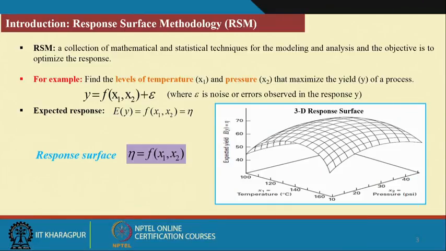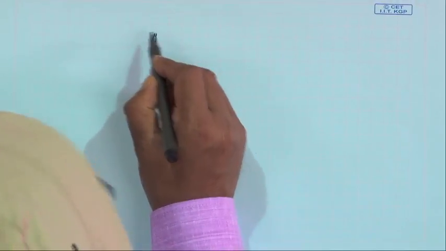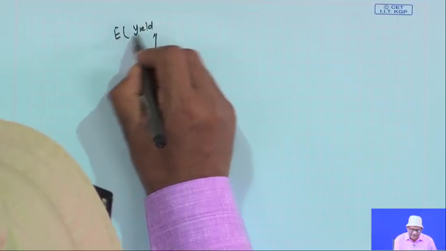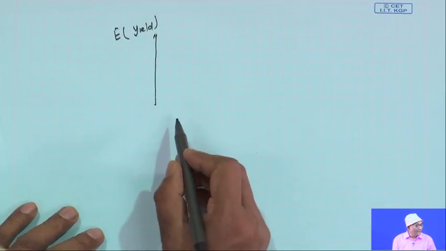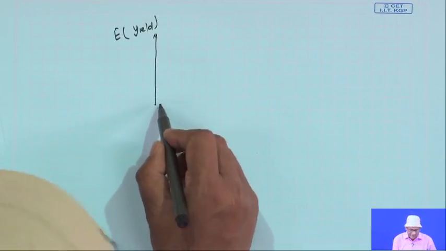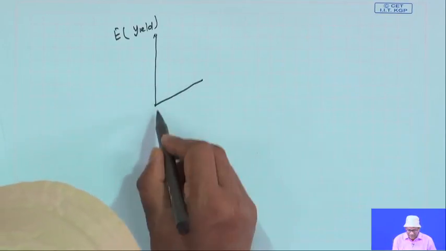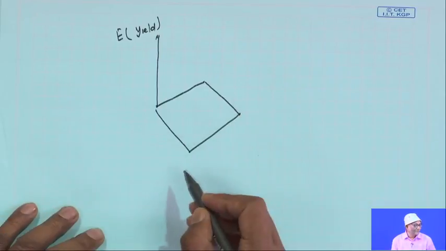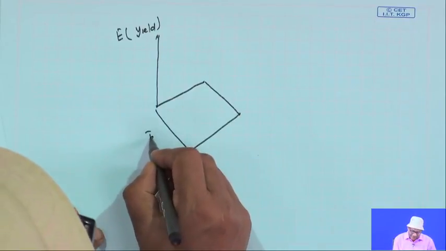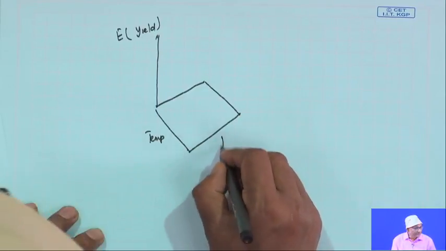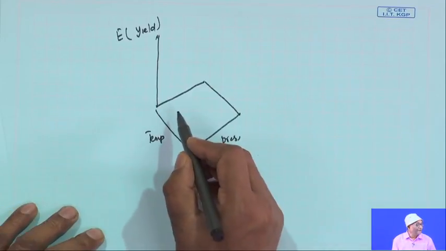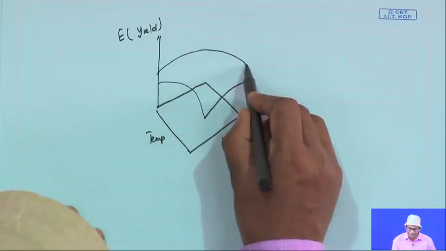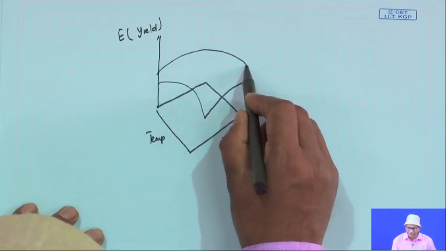Here one axis is the process yield, the expected yield, and then this axis is your temperature, this axis is your pressure, and ultimately you are getting a diagram like this.